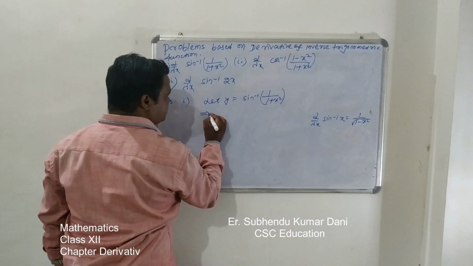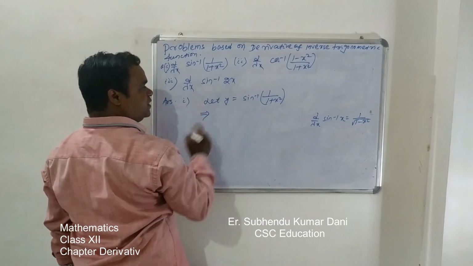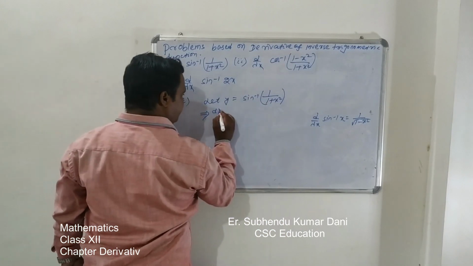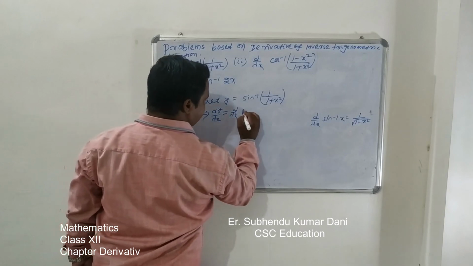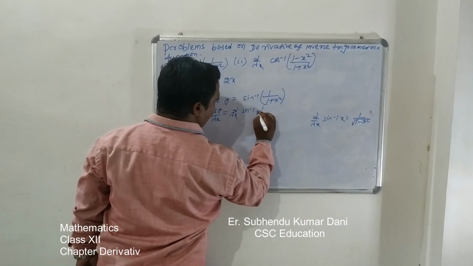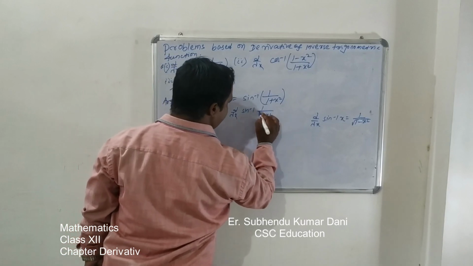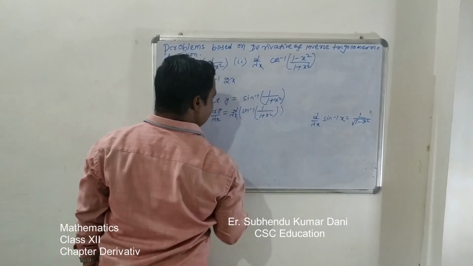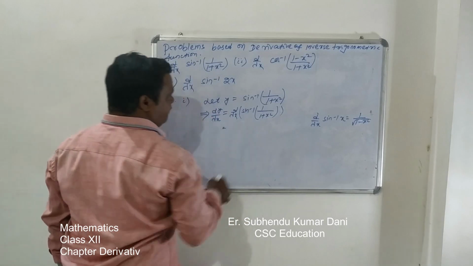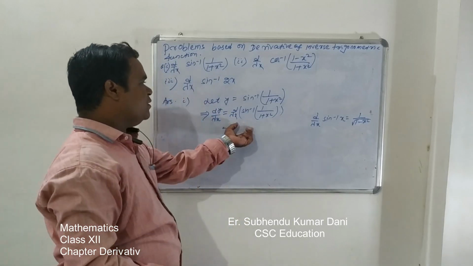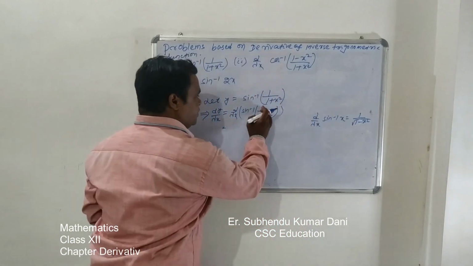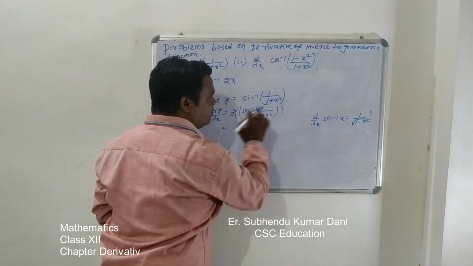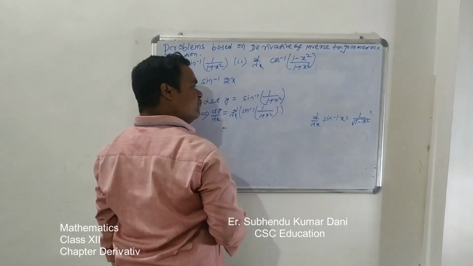So y is a function of x here, and we want dy by dx. Taking d by dx of both sides, sine inverse of 1 by 1 plus x square. Now, the derivative of sine inverse x formula is 1 by root over 1 minus, so here 1 by 1 plus x square is your value.